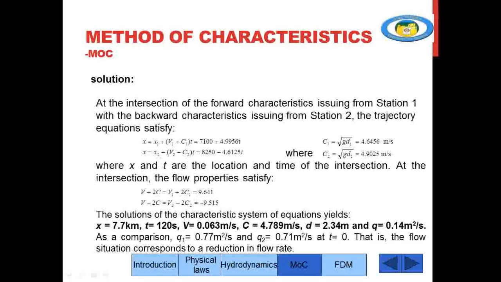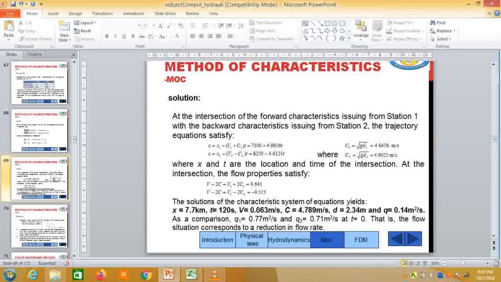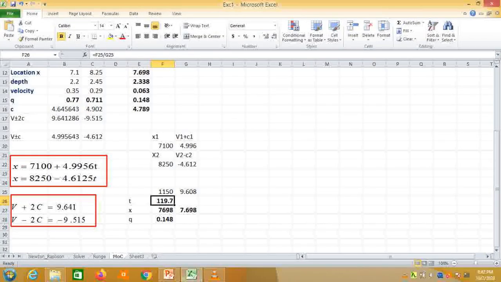So using station number 2, you can obtain negative 9.515, and then you can simultaneously solve these two equations now. If you just add the two equations, then divide it by 2, that should give you the value of the velocity here.